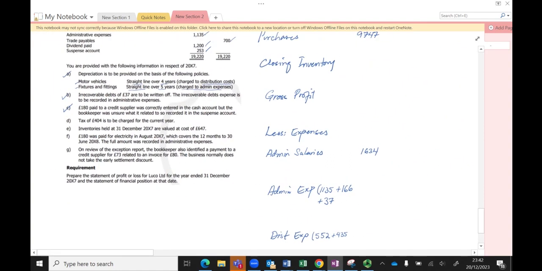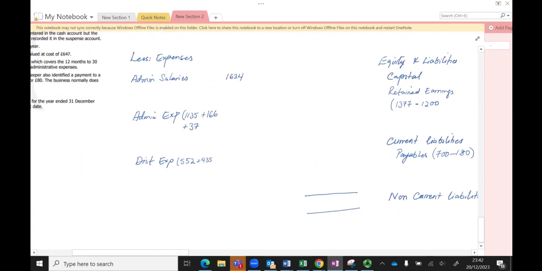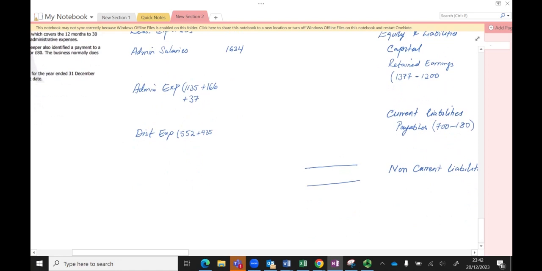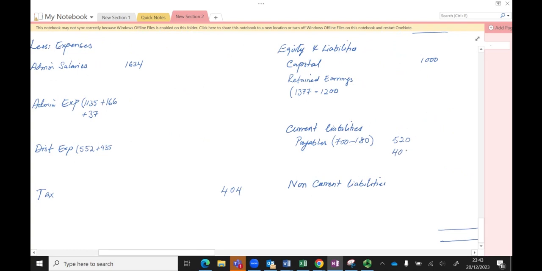Next note number D. It says that the tax is £404 for the current year. So we will be recording it over here as a tax 404. And remember, tax is paid next year, therefore it needs to be recorded as a liability.